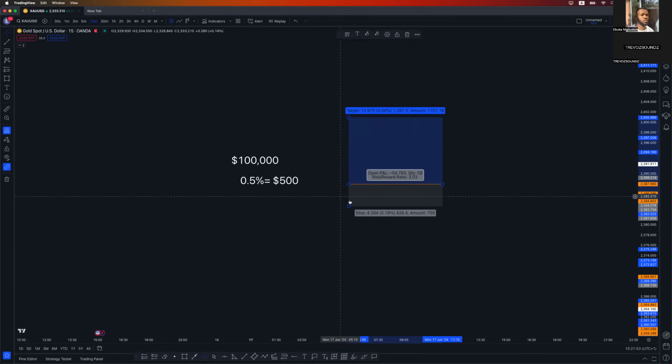So if you are risking $500, at least you'll be going for 1:3, which means you are risking this $500 to get $1,500. Oh no, I'm mistaken. That's 1.5. I don't want to make you confused. Let me get it right first. Sometimes if you don't calculate risk reward well, you may be mistaken.